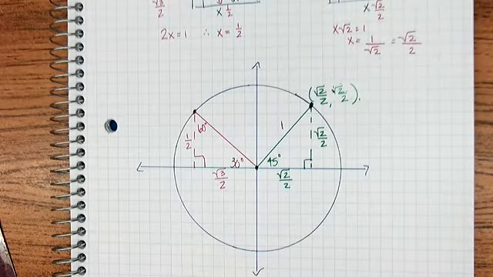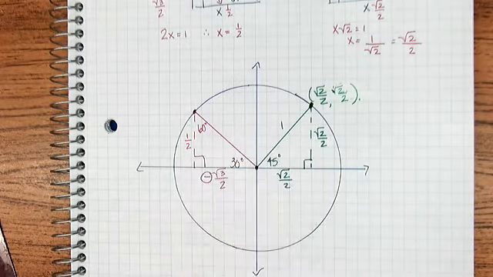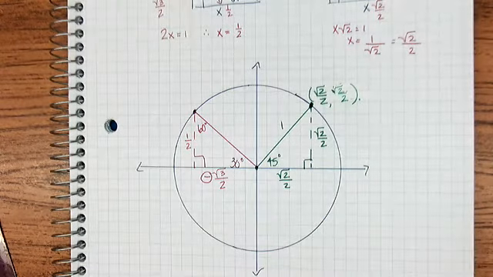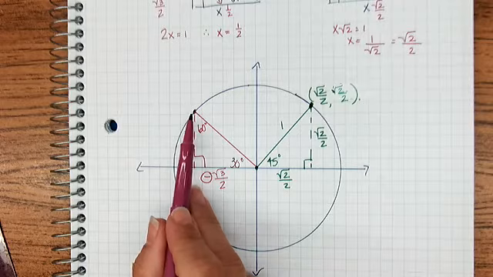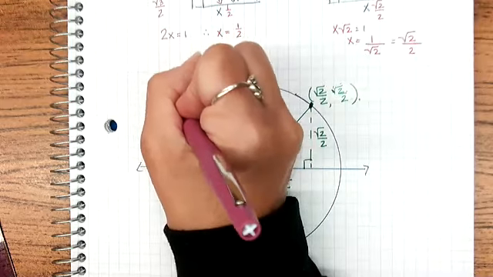Now, I'm in quadrant 2, so it must be negative. So if I want to figure out the coordinates of this point right here, the coordinate is x comma y.